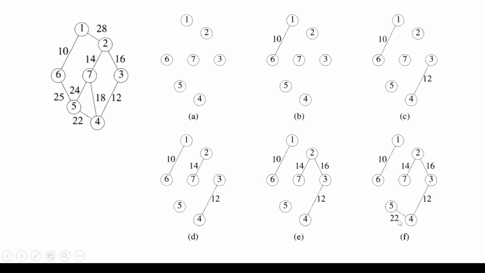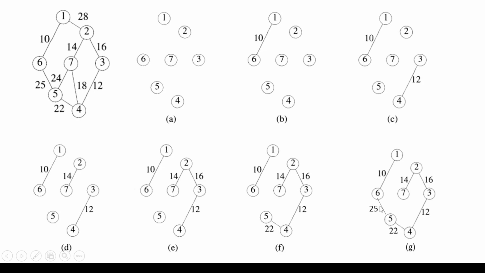So, I add an edge between 6 and 5 with weight 25. The next highest weight after 25 is 28. If I add 28, an edge between vertices 1 and 2, again it forms a cycle. So I cannot add this edge.